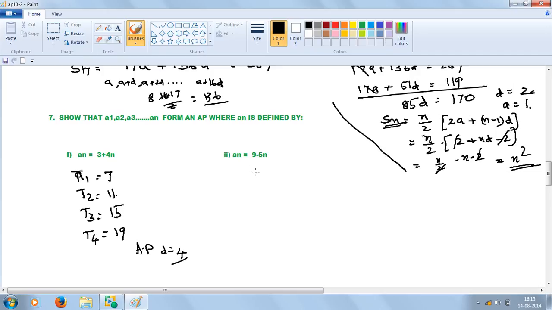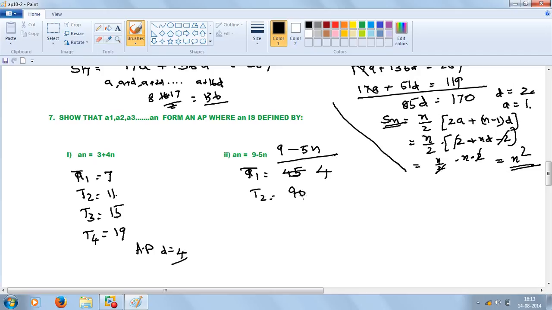So similarly, you can show here. What is a1, or you make it t1? That's easy, 9 minus 5n. n is 1 means 9 minus 5, which is 4.